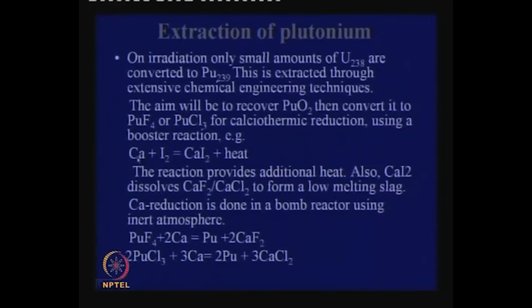And when there is not enough heat available, we use something called a booster reaction. There are many reactions possible. One booster reaction is to add calcium and iodine, which will produce calcium iodide and give heat, and this calcium iodide would act as a flux to dissolve the salt that comes out of the metallothermic reduction.